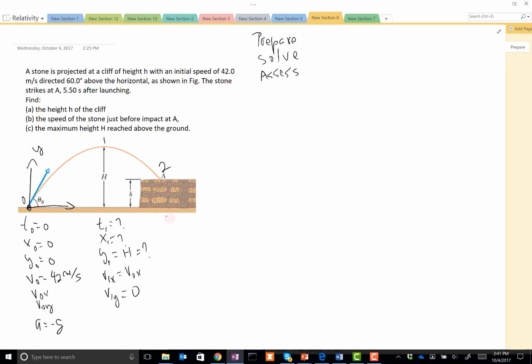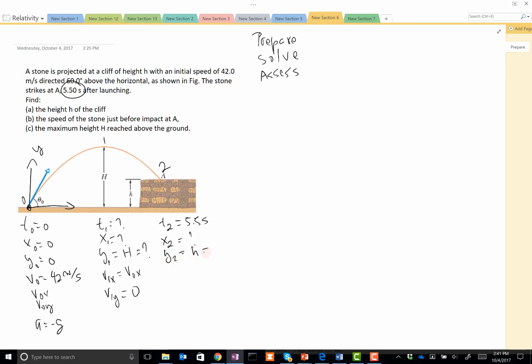Then we have the point 2. At point 2, the time t2 is 5.5 seconds. You're told that right here. And we don't know x2. We don't know how far it goes. And y2, we don't know that.